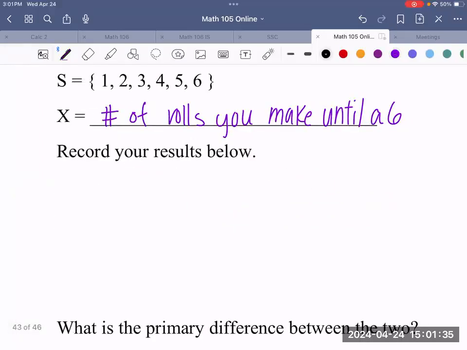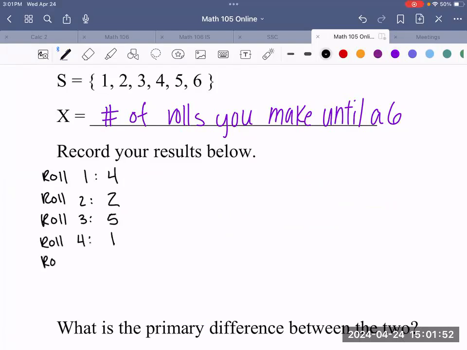Let's see, and I'm just going to do a quick record. Roll 1, I got a 4. Roll 2, I got a 2. Roll 3 was a 5. Roll 4 was a 1.